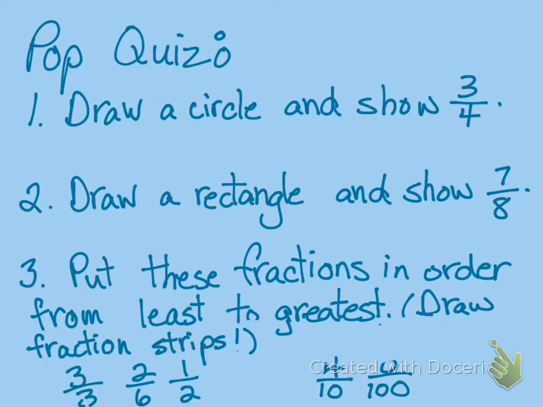So you're going to have to draw 5 fraction strips: 3/3, 2/6, 1/2, 4/10, and 0/100. You're going to have to color them in. You're going to have to figure out which one is the smallest, and you're going to put them in order from least to greatest, from smallest to biggest. Good luck on your test, everyone.